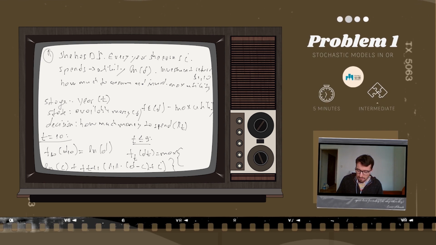And every year my salary is I dollars, so I get that much money. And I need to solve this problem until I reach the first year, until I reach F1 of D basically. This is the solution to the first problem.